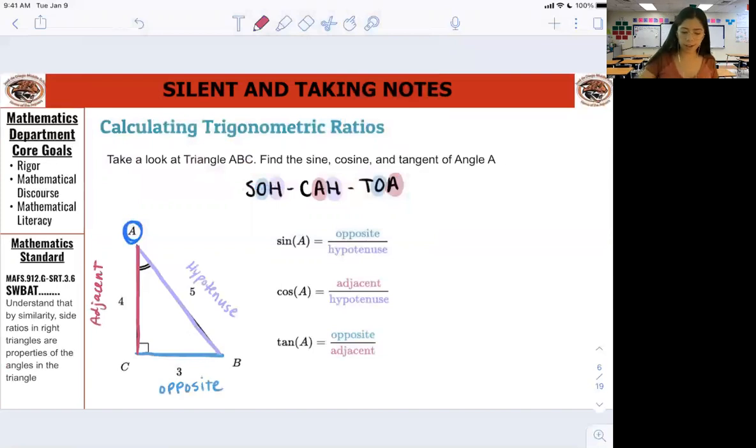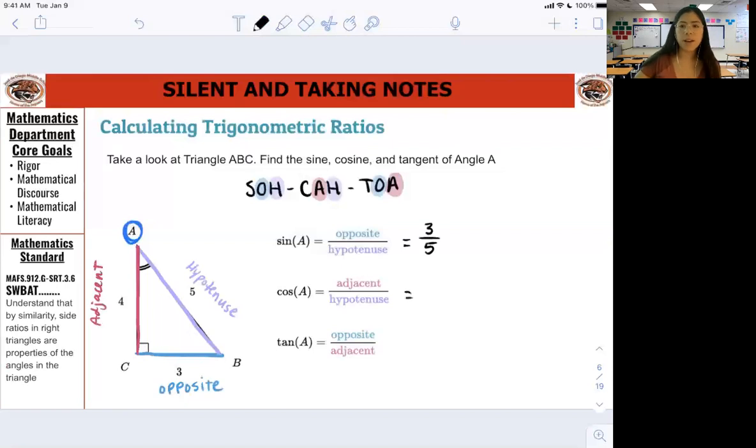Now let's go ahead and calculate. This is where it gets kind of easy, because now you're just going to plug in the numbers and find your answers. So what is the sine of A? What numbers go into that ratio? Three over five, good. 3 over 5.